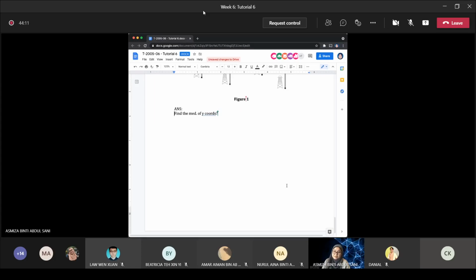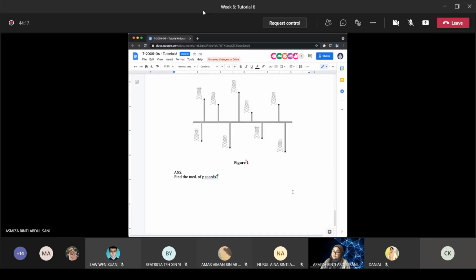Find the median of y coordinates. Okay, the y coordinates. How? Can you explain further? Find the median of y coordinates for all wells, or for the furthest and the shortest?